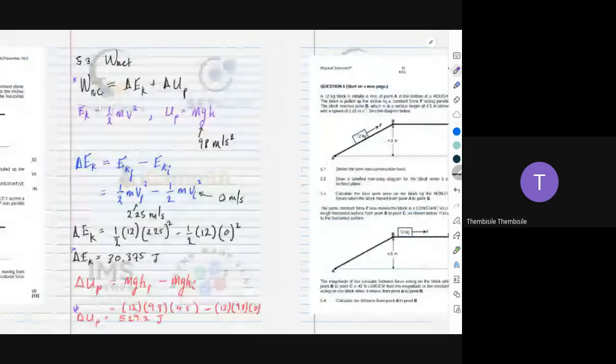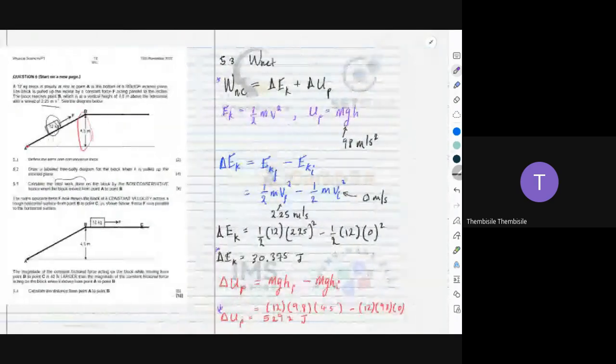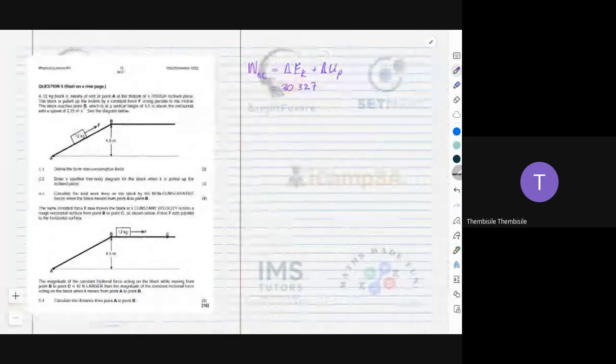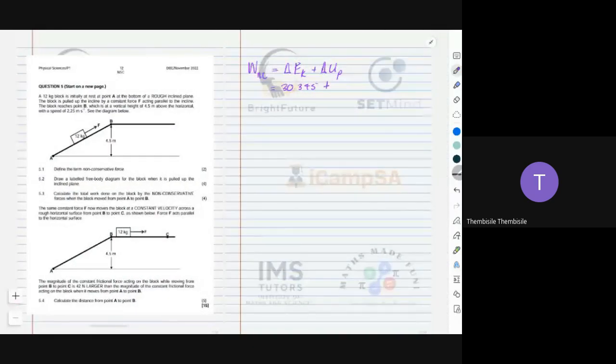And we've already got the values for this. So it's going to be 75 plus 529.2. So that means this is going to be your work done.